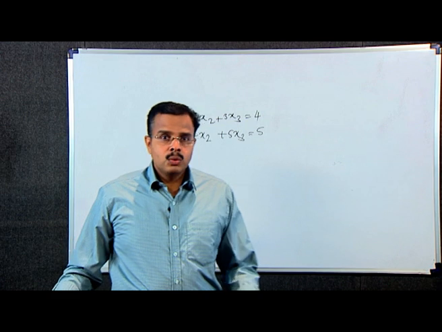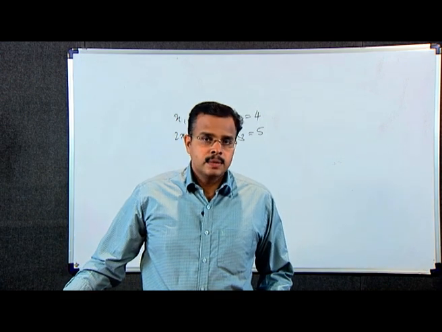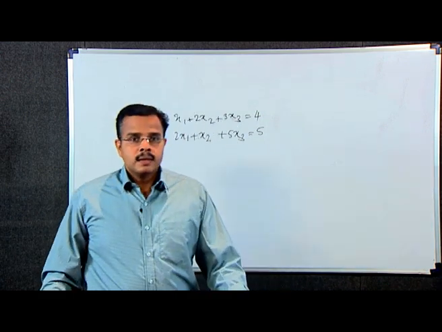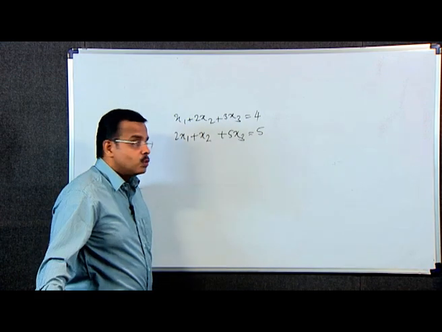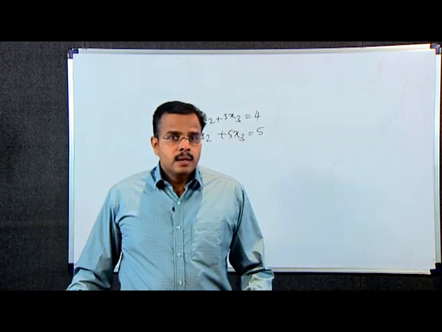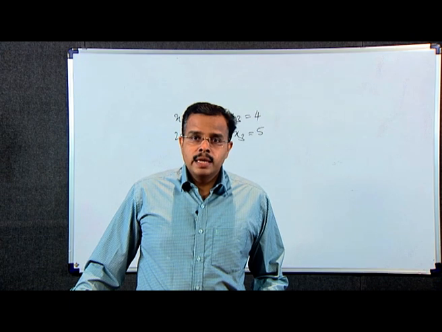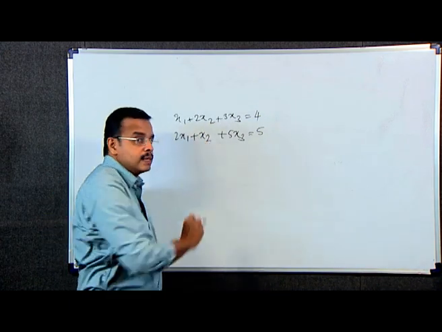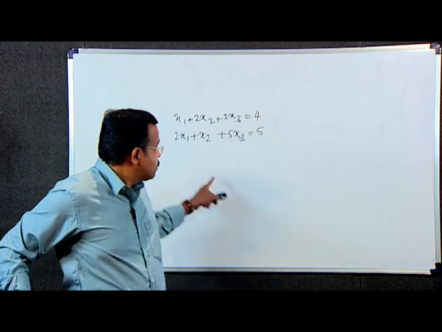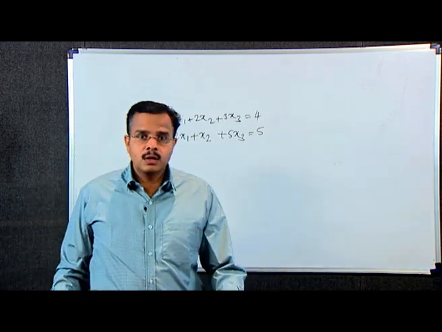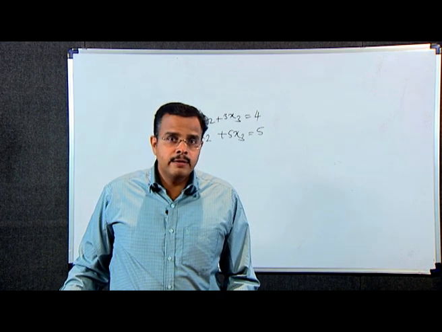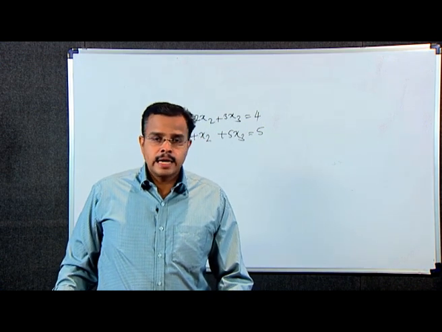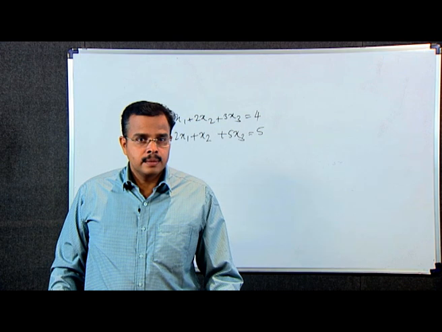So we are given two linearly independent equations, and we need to find their basic feasible solutions. These two equations are in three variables: x1, x2 and x3.